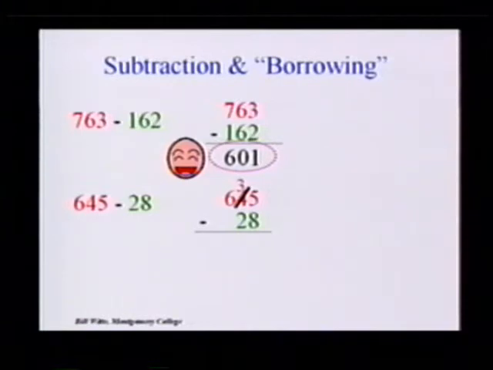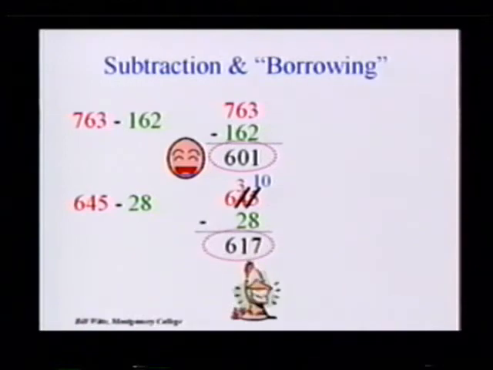Now we can subtract. 15 minus 8, 7. And 3 minus 2, 1. And there's nothing down there, but we'll bring down 6 minus 0. Subtraction isn't so bad, is it?